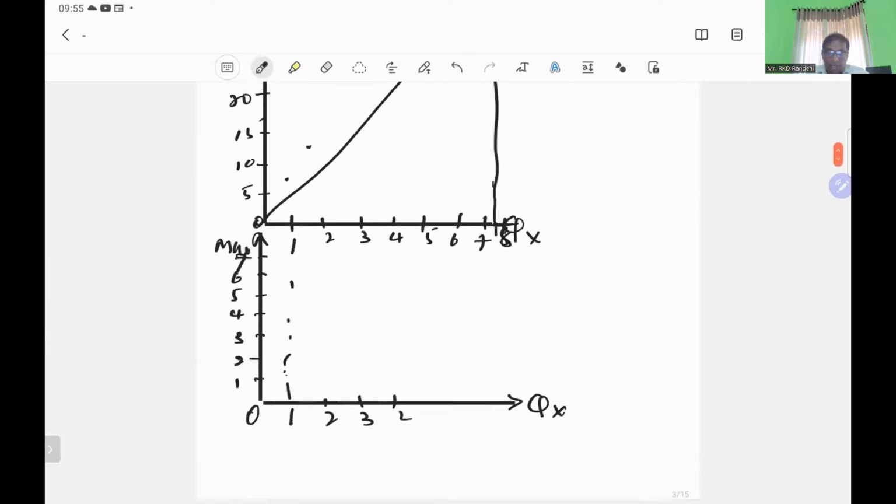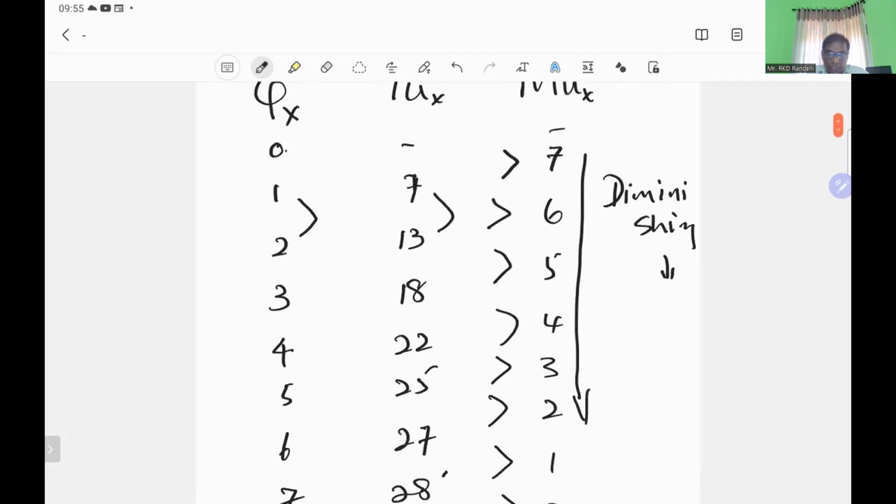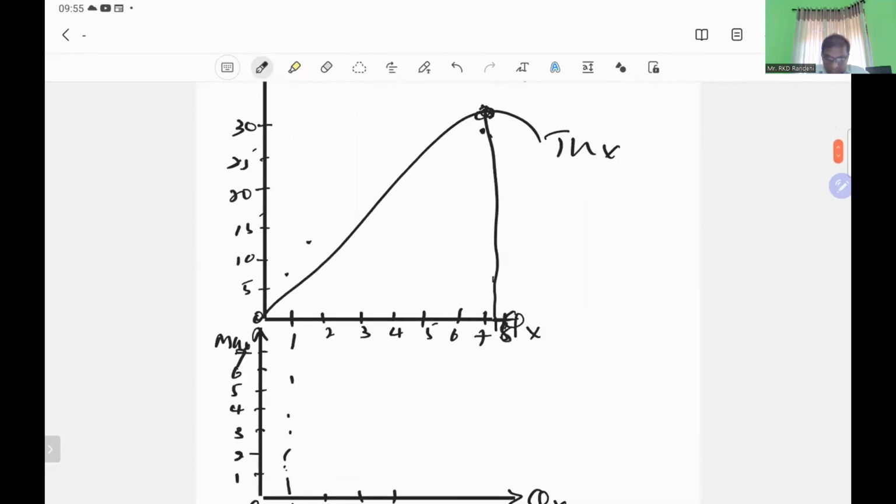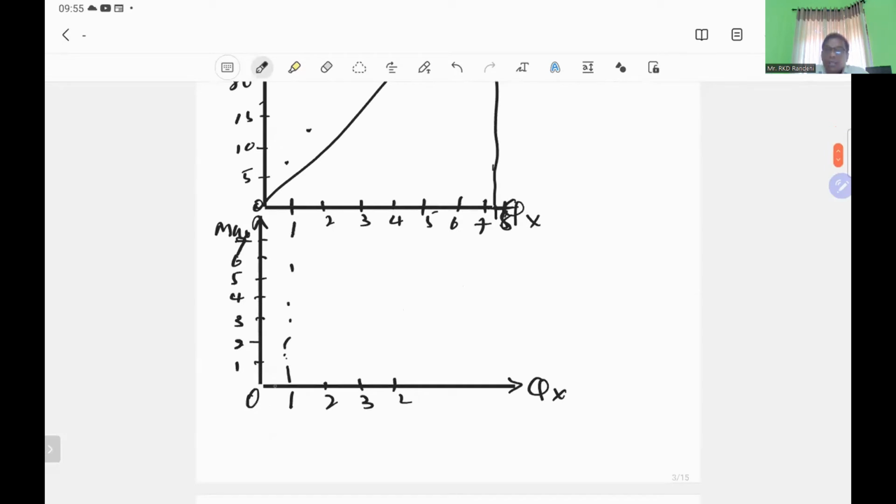Then you can mark the MU. 0 to 1 is 7, 1 to 2 is 6. For 0 to 1, you have to take the middle point of the 0 to 1, that is 7. For 1 to 2, the middle point of the 1 to 2 is 6 like that.